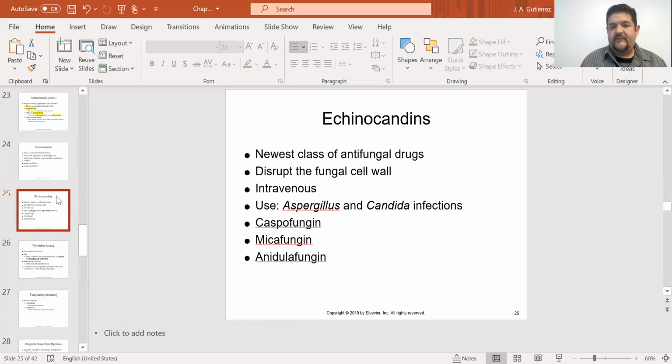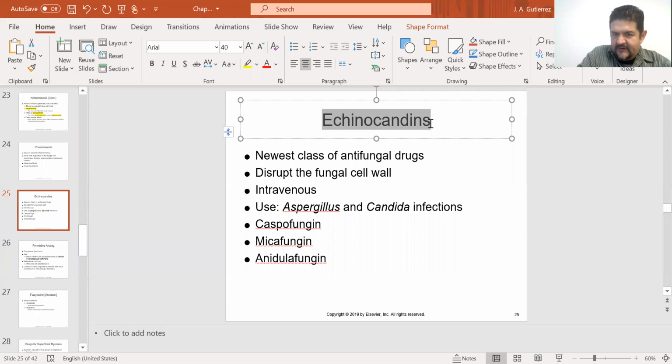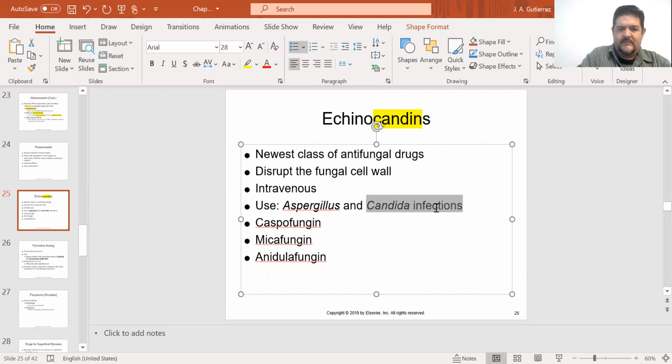Next group of drugs, the echinocandins. And they put this little hint right here. Candins sounds like candida. So that's the main use, but we have seen that it also works for aspergillus.